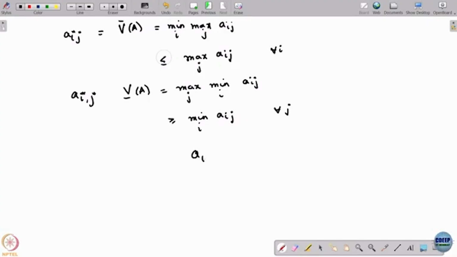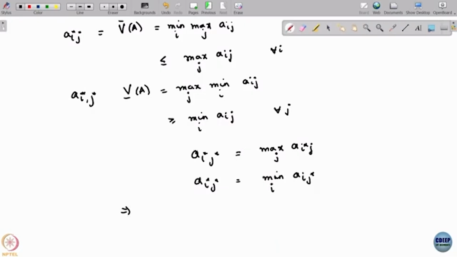I would get therefore A i star j star equal to, putting these two together gives me, so this is the minimum over i of A i j star.